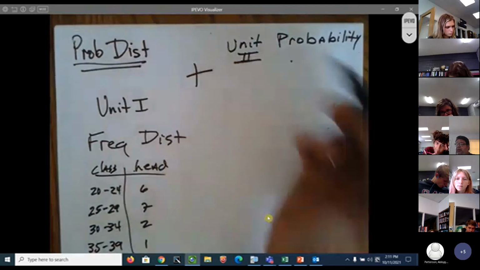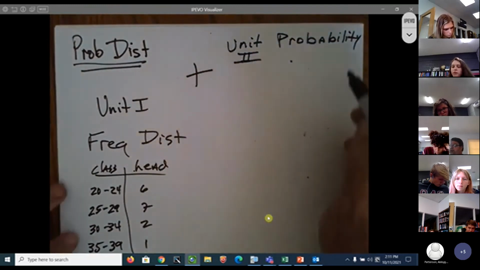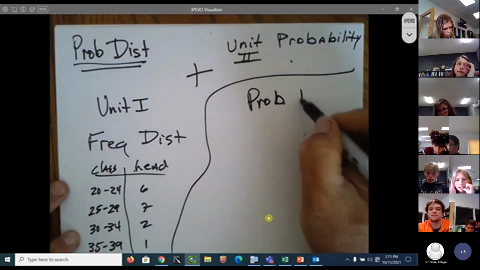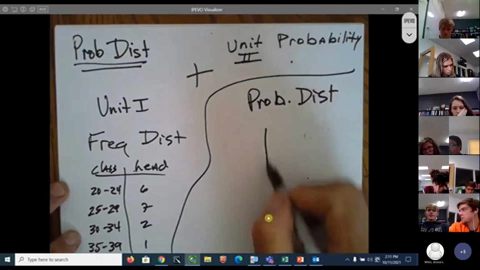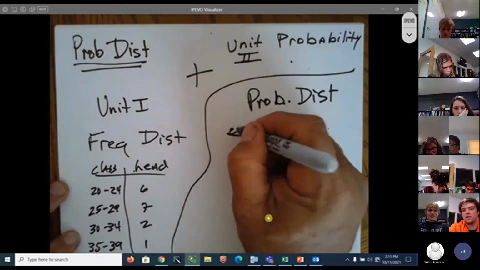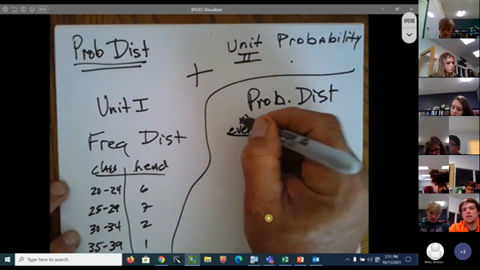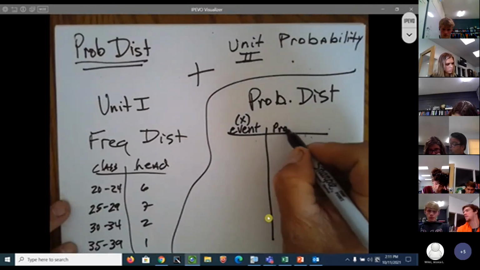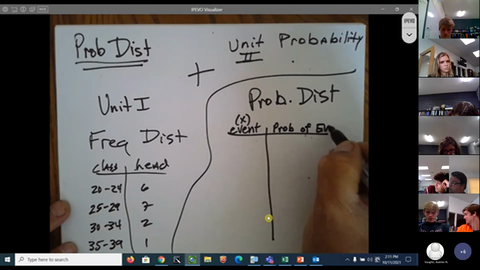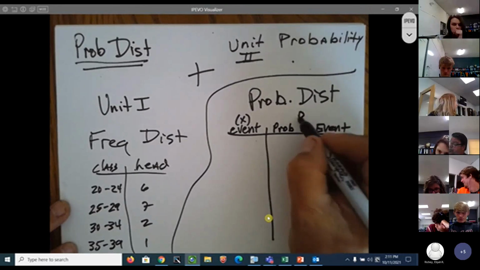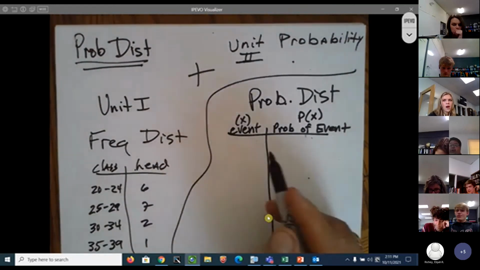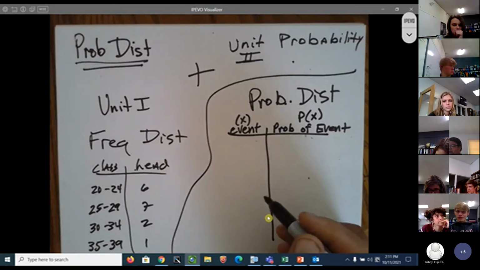Put these two together, and you've got a probability distribution. Which is made up of an event, X, and the probability of the event, which is called P of X. Now, the event is going to be discrete, meaning that you count.